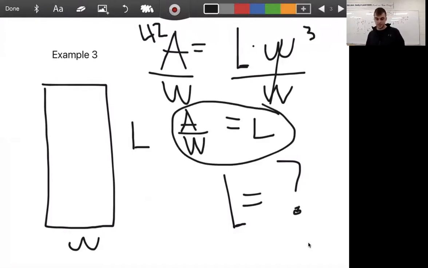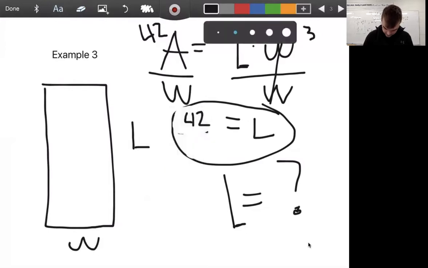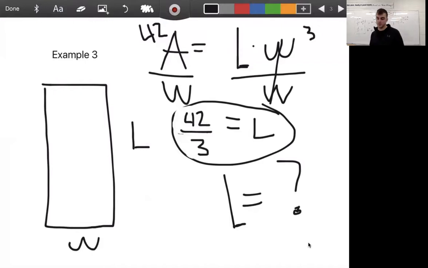Well, here's a question. If A is equal to 42, throw 42 up top there, and the width is equal to 3, 42 divided by 3 is what?